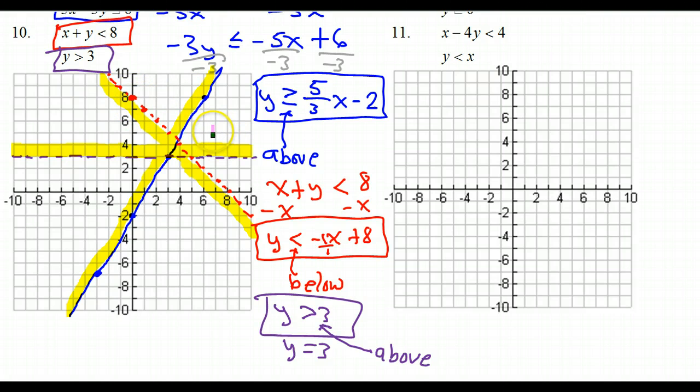This area has yellow on the purple but not the red and not the blue. This area has the red but not the blue. This has the blue but not the purple. Only this area has it all. This is the area that satisfies all 3 inequalities.